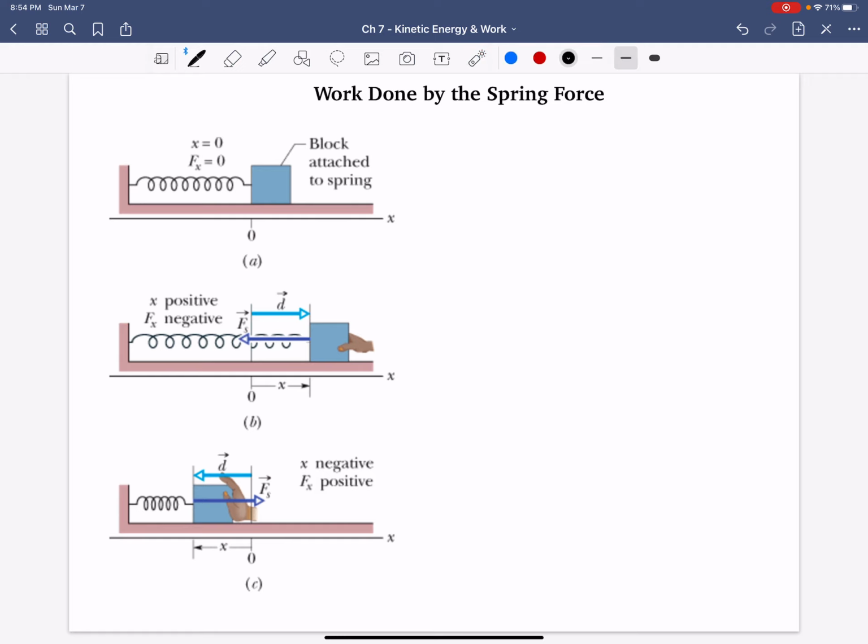So let's take a look at the work done by the spring, and then we'll look at the energy that the spring has, the potential energy that the spring has in order to speed up this block, or accelerate it, if you will.